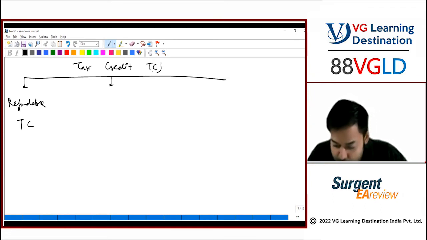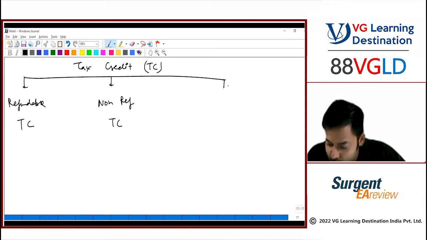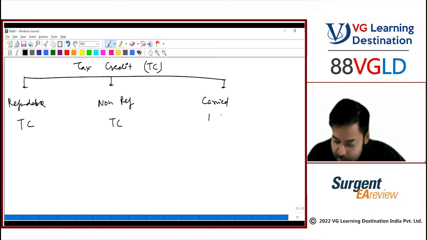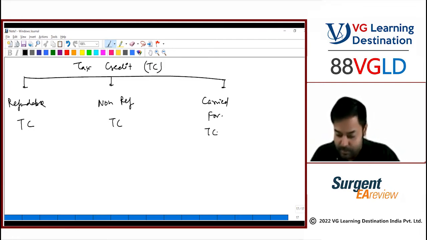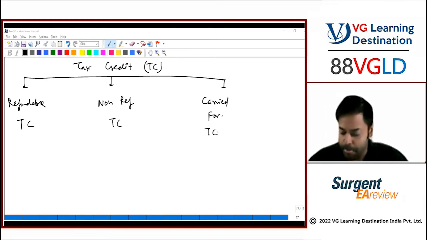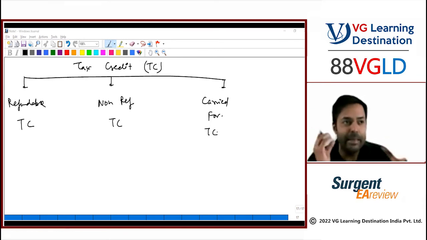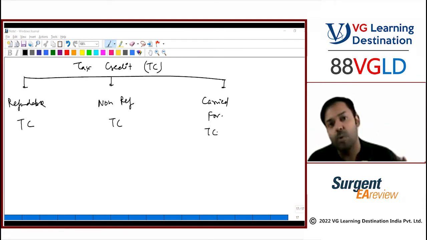Second is going to be non-refundable. And lastly, it is going to be carry forward. The name says it: refundable means anything on top of it is going to be refunded.